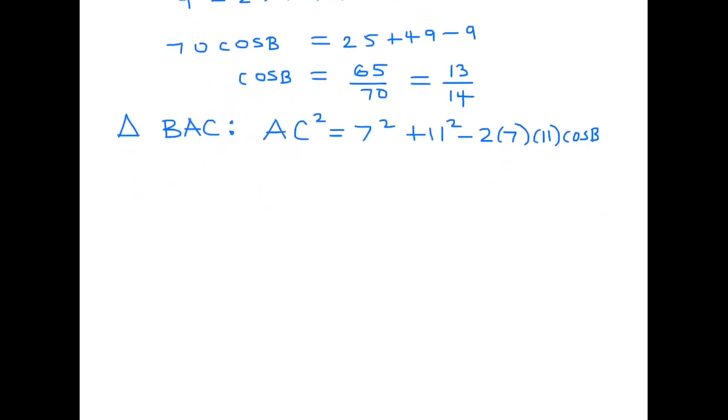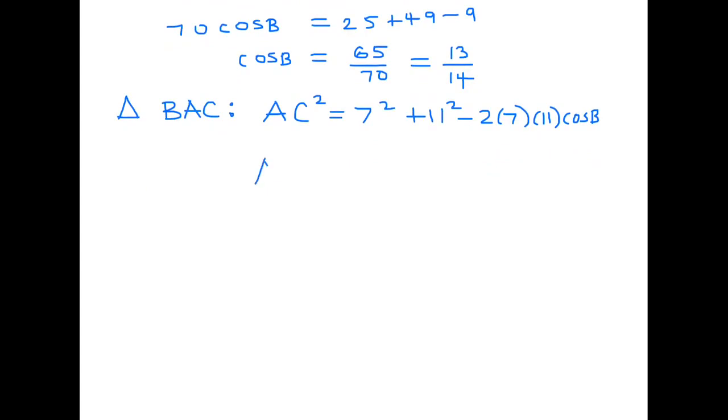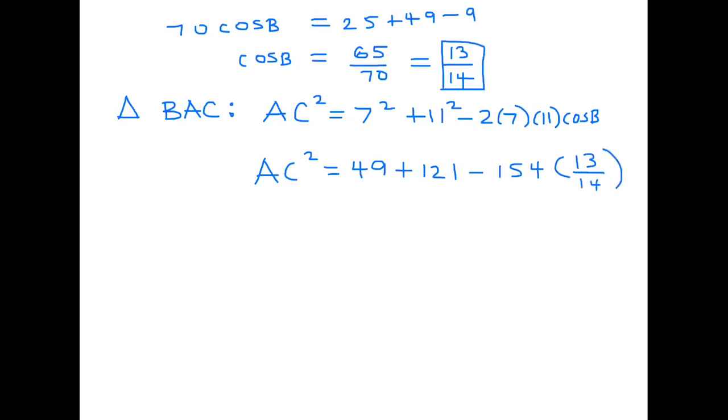And we can solve for this. So AC squared is equal to 49 plus 121 minus 154. And cos B, we already figured out, was 13 over 14. And we can then do the math here.